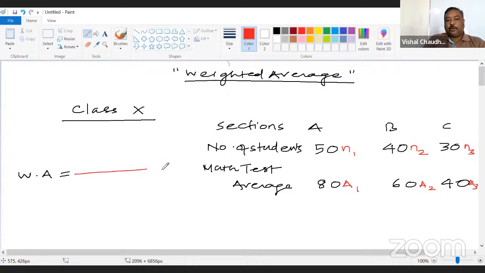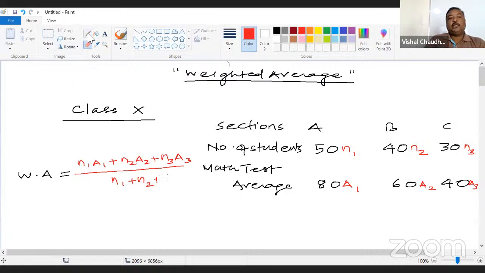So the weighted average is N1 A1 plus N2 A2 plus N3 A3 divided by N1 plus N2 plus N3.